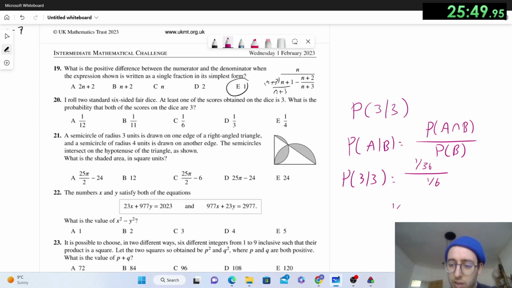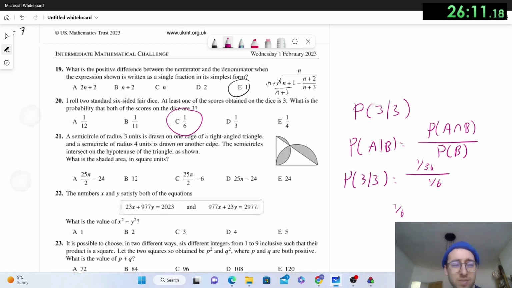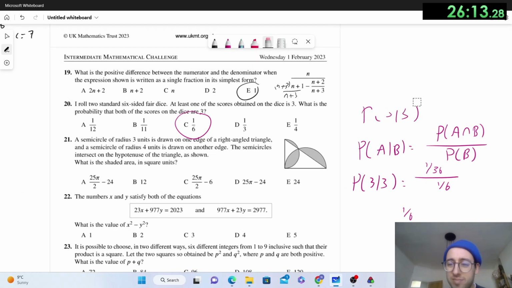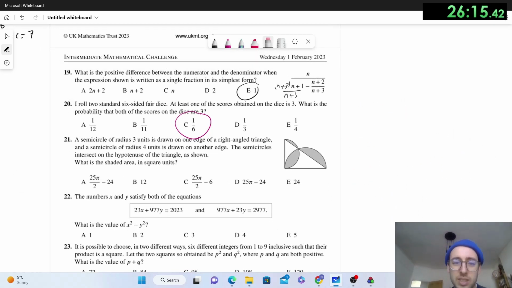So it's a 6th. I feel like that's really obvious, and yet I'm absolutely baffled. Is that not really obvious? It's just what's the probability of getting a 3? Okay, I'm not sure about 20.